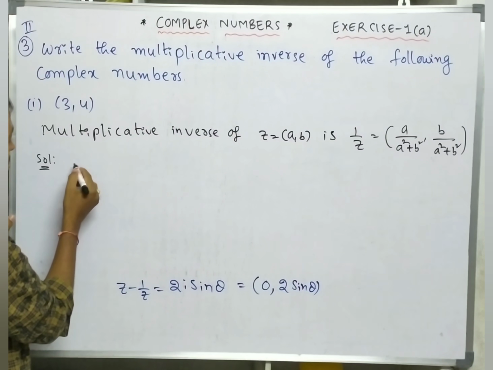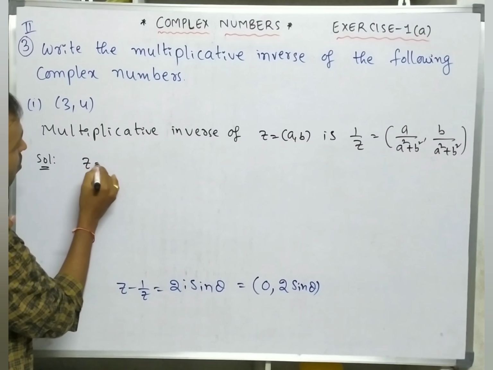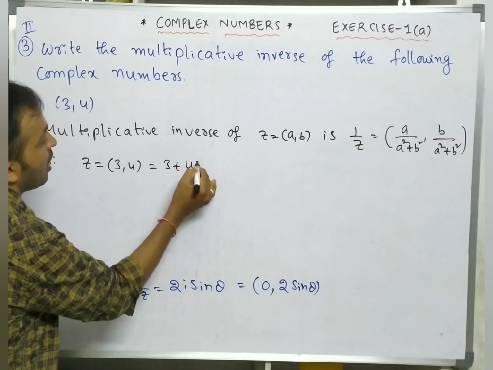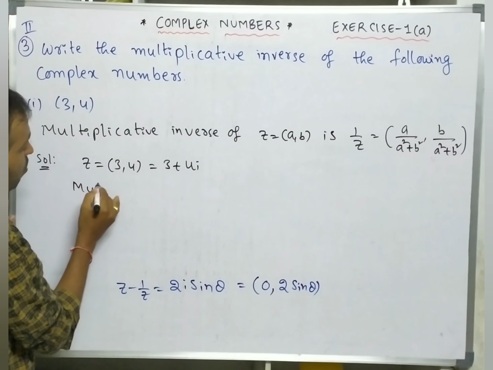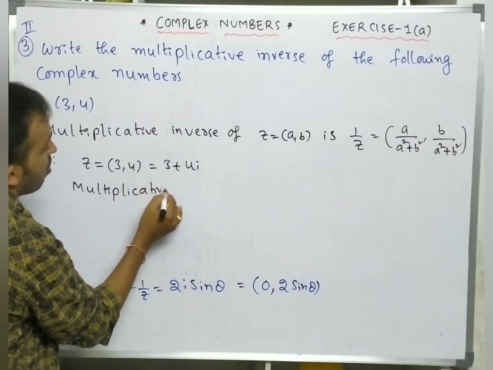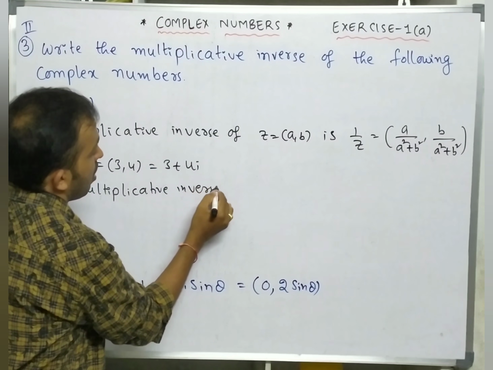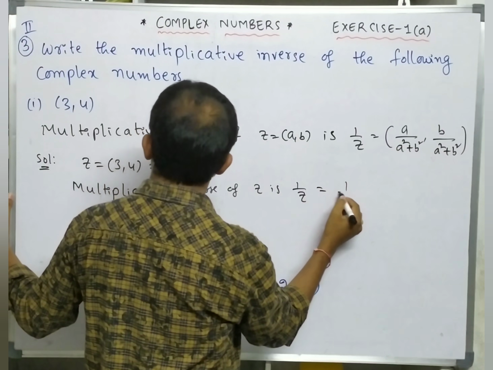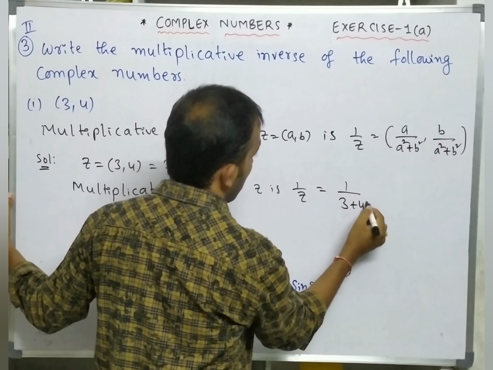In another way we can do like this: z is equal to 3 comma 4, that is 3 plus 4i. So the multiplicative inverse of z is 1 by z, that is equal to 1 by 3 plus 4i.